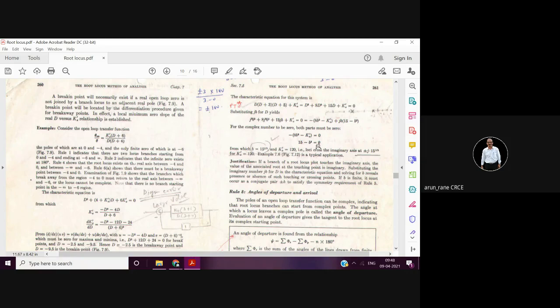Okay. And if I substitute the value of b square as 15, I will get the value of k naught as 120. 15 into 8 is 120.